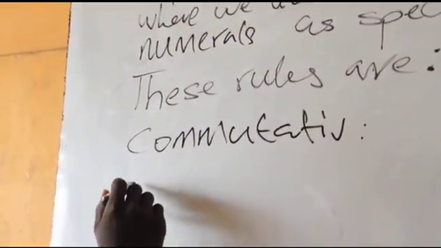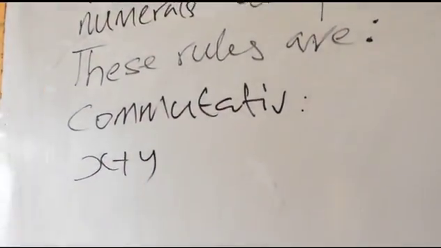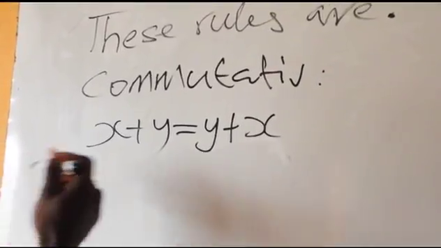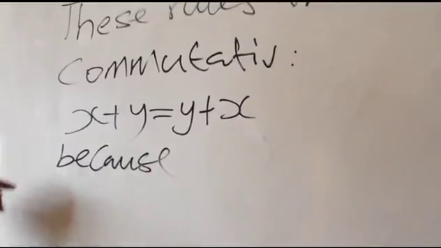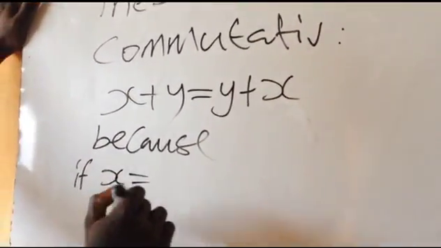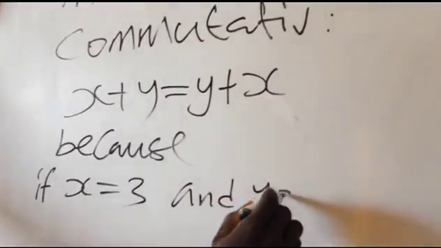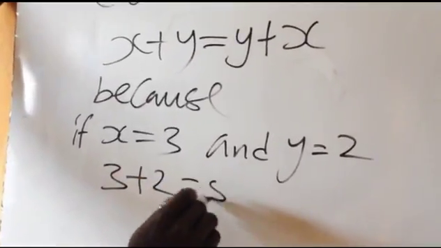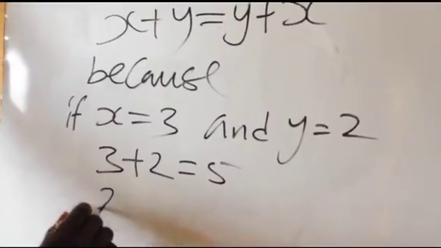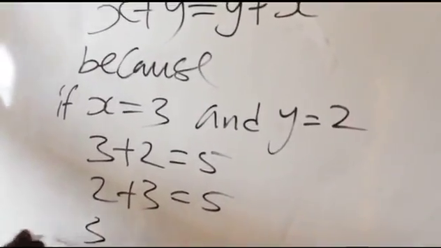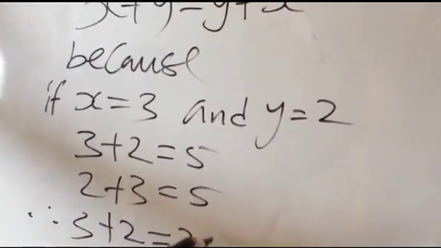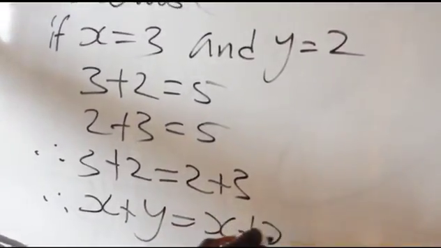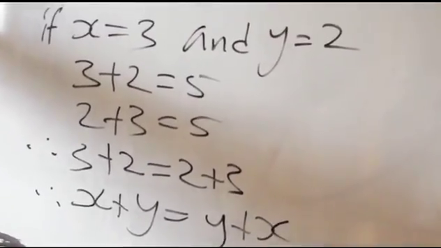For example, x plus y is equal to y plus x, because if x is equal to 3 and y is equal to 2, then 3 plus 2 is equal to 5, and turning it to the other side, 2 plus 3 is also equal to 5. Therefore 3 plus 2 is equal to 2 plus 3. Therefore, x plus y is equal to y plus x.